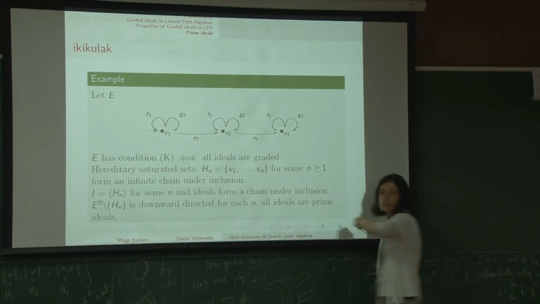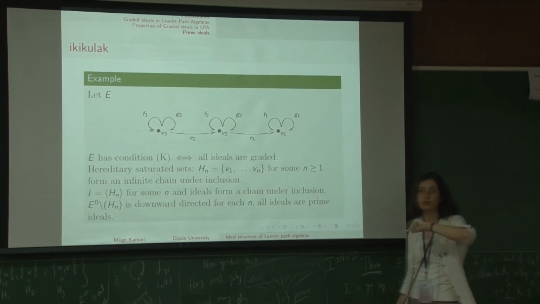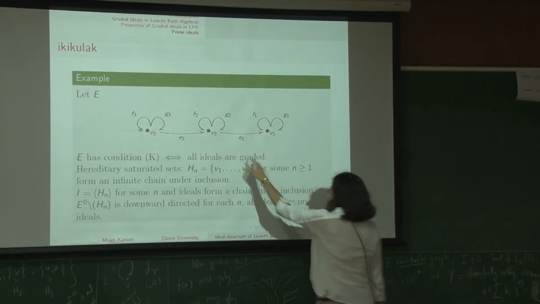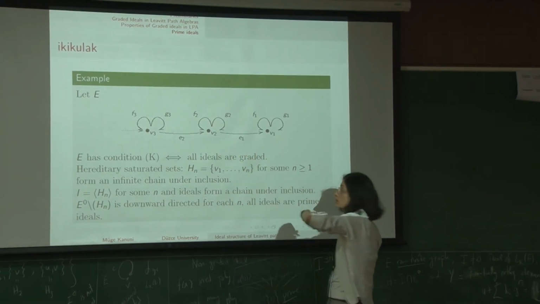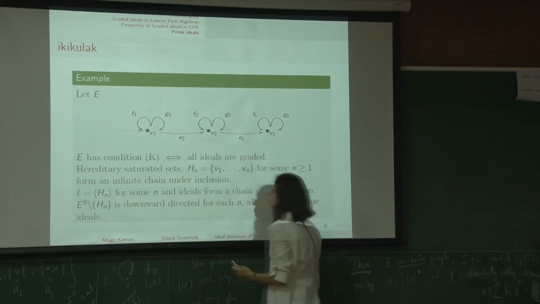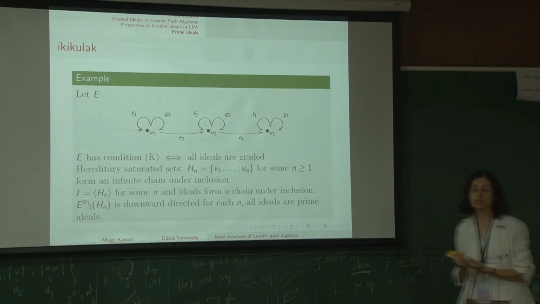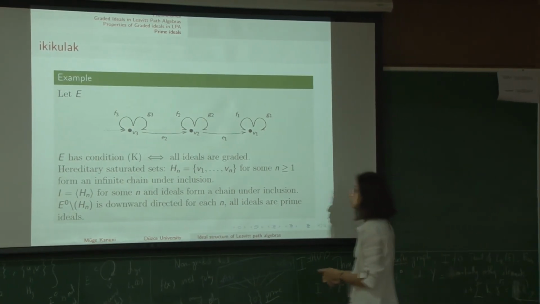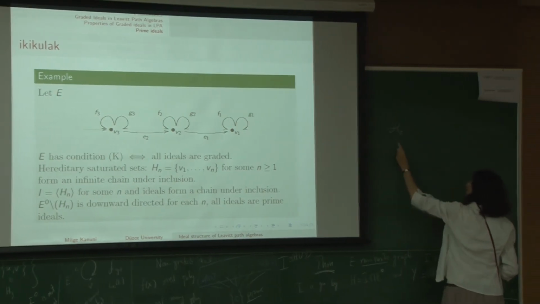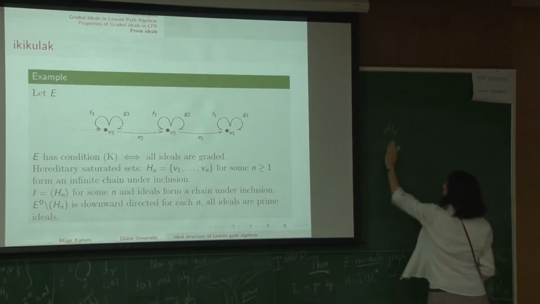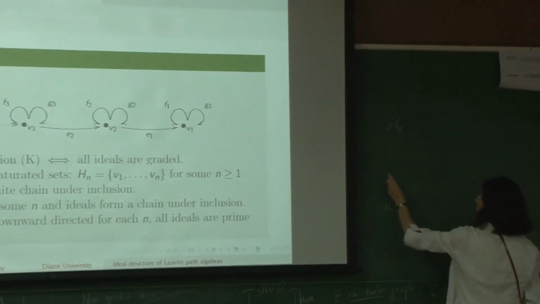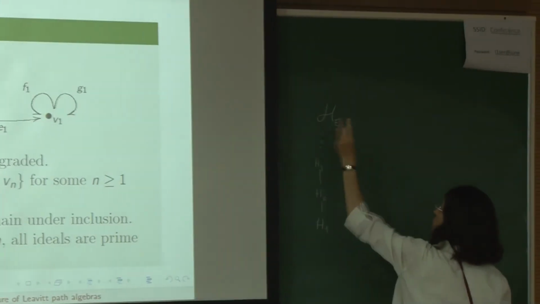V1 by itself is a hereditary saturated set, right? Because I have loops here, so V1, V2 is another hereditary saturated set. So any hereditary saturated set is basically you chop the first n vertices, and that's a hereditary saturated set. This is an infinite chain, and H1 is contained in H2, which is contained in H3, etc. So it's an infinite chain.